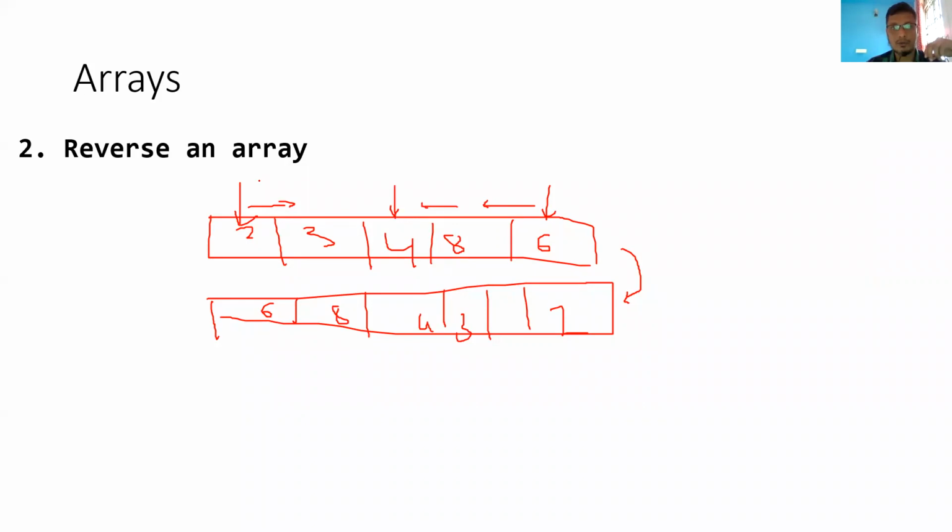Let's say this is your low and this is high. In every iteration you increment the low and decrement the high, and at a certain condition you check whether low is less than high. In this case it is not. Let's say you have another element here, 7. So you need to compare these two. Low is not equal to high, so you swap it. So 8 will come here, 4 will come here. Now your new high will come here and low will go here. So what happens here? Your low is not less than high, so you break. That is how it happens.